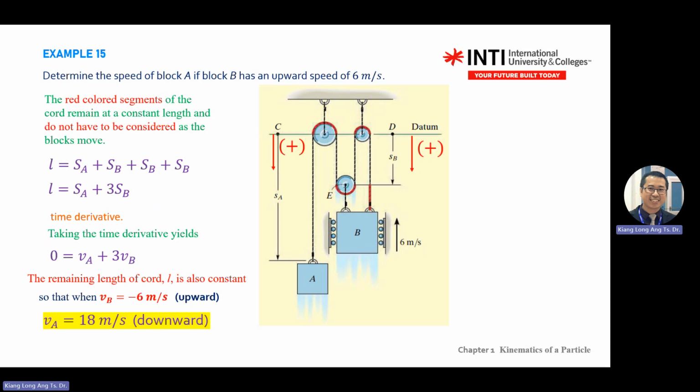You substitute 3 multiplied by negative 6, you get positive 18. Positive 18 means B, typo error here, it should be VB. VA. Wait, oh, you are given block B, correct? Then VA, correct.